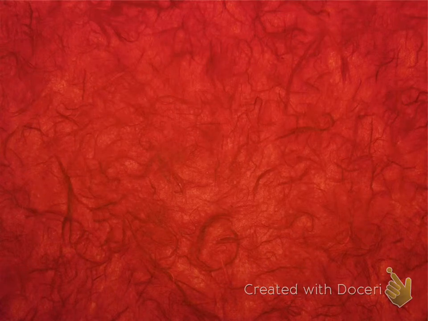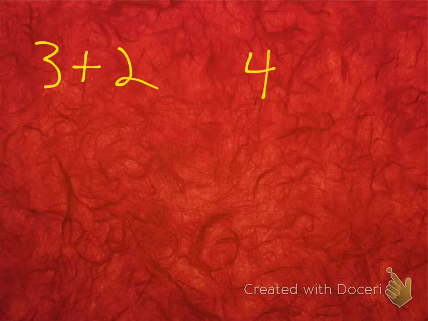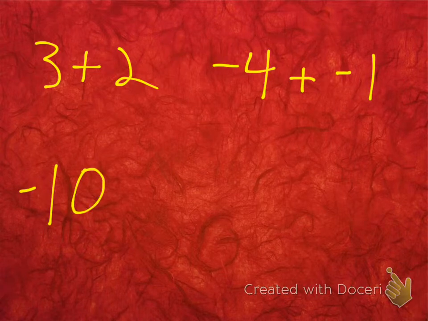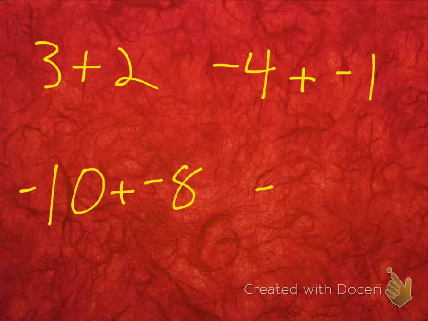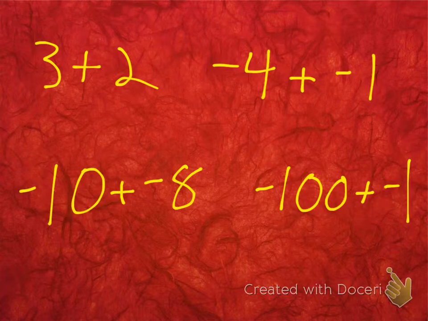Okay. Let's do some examples. 3 plus 2 is 5. That's easy. Positive plus positive gives you positive 5. You've been doing that since second grade.